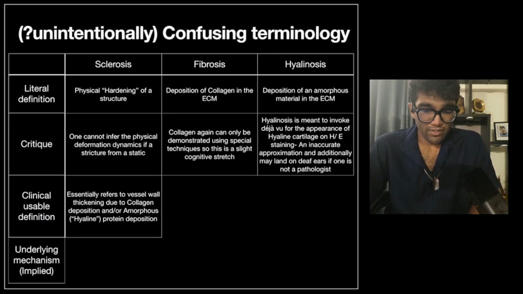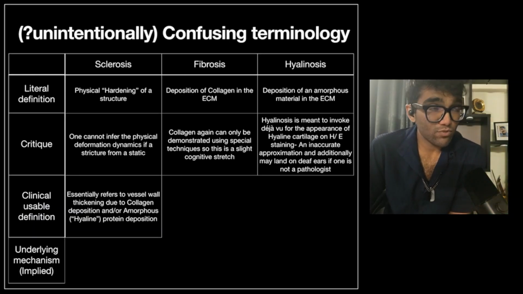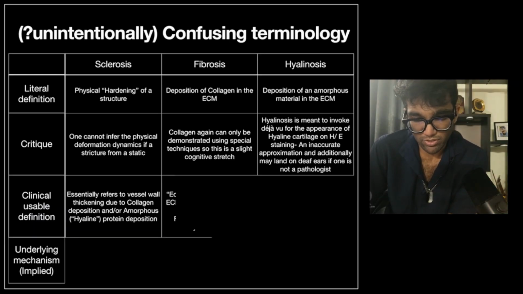Now, the clinical usage of sclerosis. I like to use these clinically usable definitions. Essentially, it refers to a thickening of the vessel wall due to either deposition of collagen or due to hyalinosis, or deposition of amorphous hyaline protein deposits.